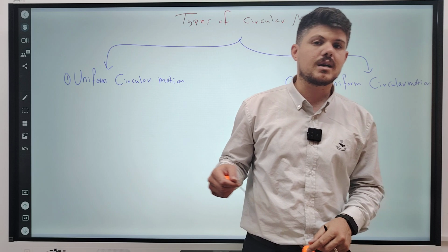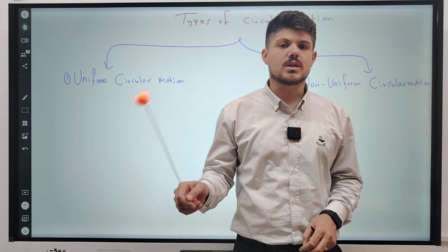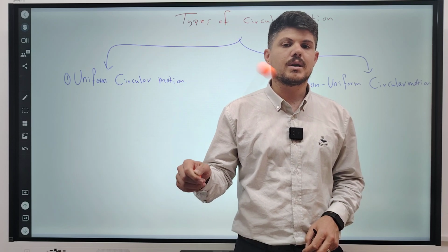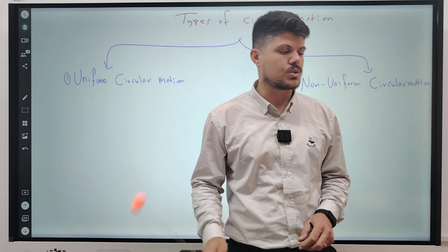But in the case when the tangential speed changes, the circular path becomes non-uniform circular motion.